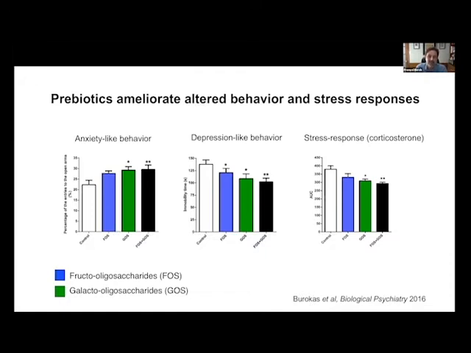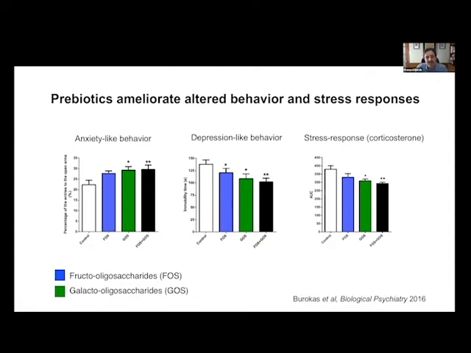I would like to highlight that we have a significant amount of data in animal studies which would suggest that prebiotics can affect both behavior and stress responses. Specifically, this is a study from one of the previous speakers, a group from Cork, where mice were subjected to chronic social stress and were administered either fructooligosaccharides or galactooligosaccharides, alone or in combination.